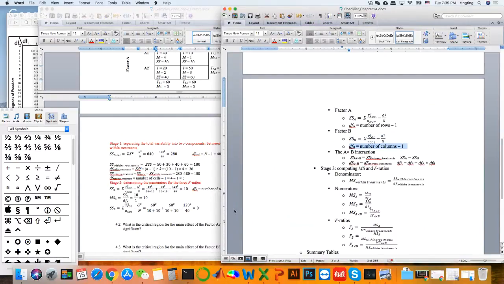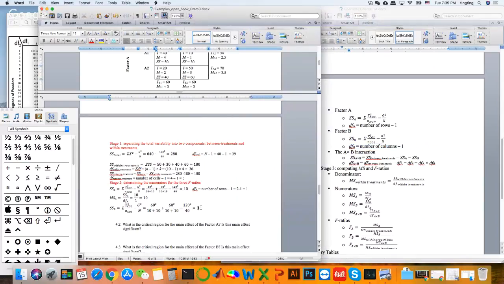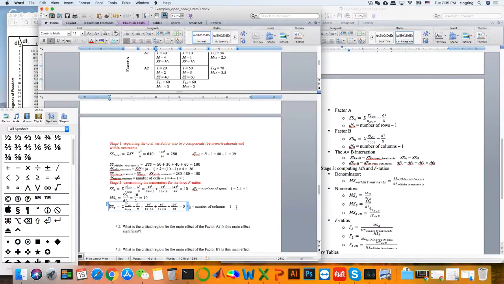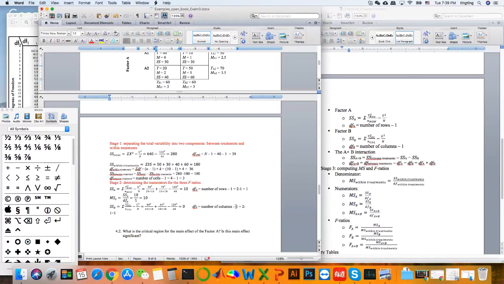So df equals to the number of columns minus 1. Still 2 minus 1 equals to 1, right?